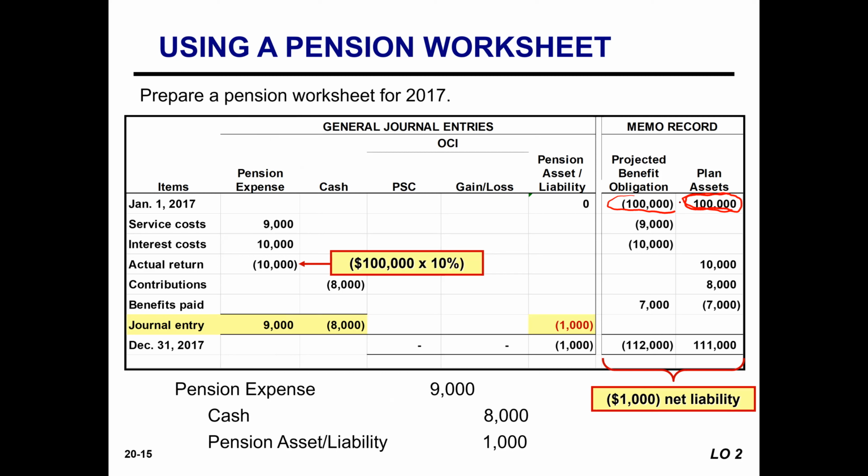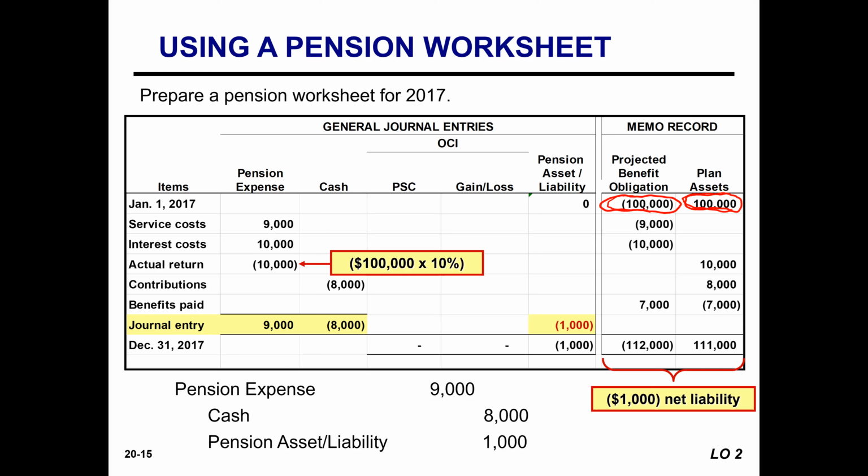So as of January 1, 2017, we were not overfunded or underfunded. We were funded right on the money, right? We had plan assets of 100,000 and a projected benefit obligation of 100,000. So as of the beginning of the year, we were not overfunded, we were not underfunded. We had exactly what we needed, basically.